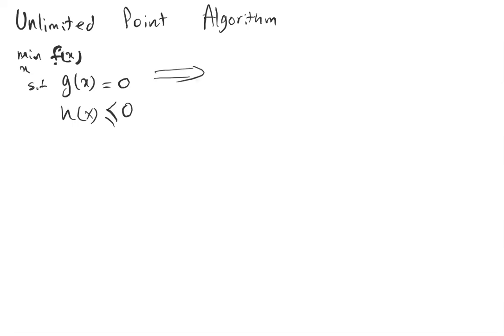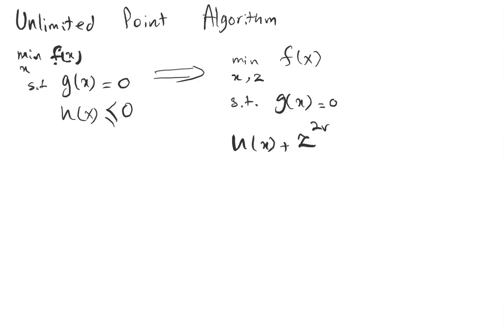What was our reformulation? Minimizing f of x. We have x's here, we have z's here, subject to g of x equals 0, and h of x plus z to power 2r equals 0, where r can be any positive integer. But only one value for r would be sufficient.